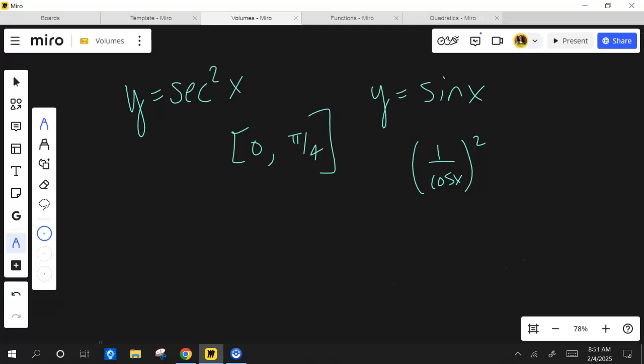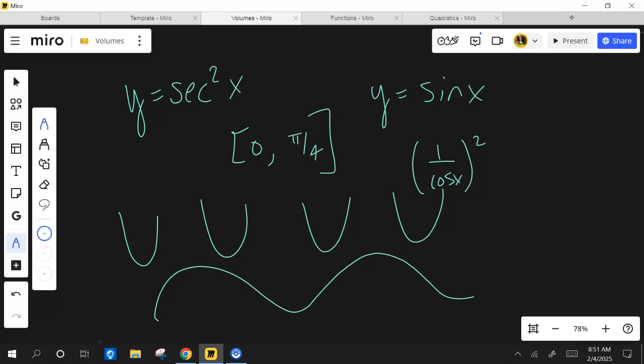All right. If you graph this, you'll see you've got these funky ones like this, and then coming down below, you've got this going on. So look, this is your sine graph. This is your secant squared graph.